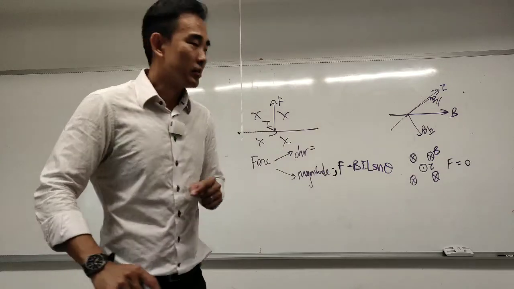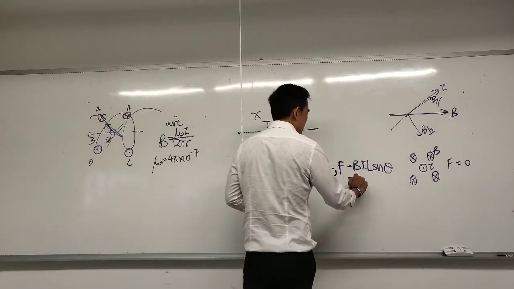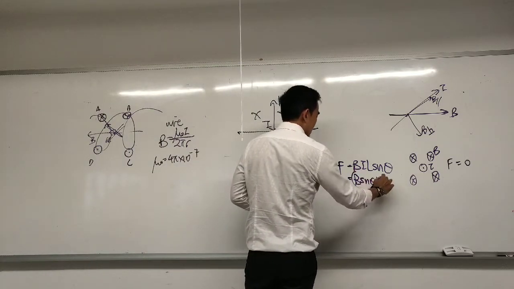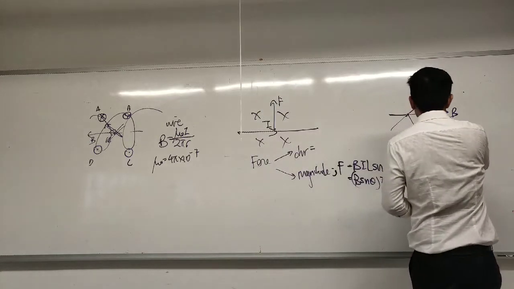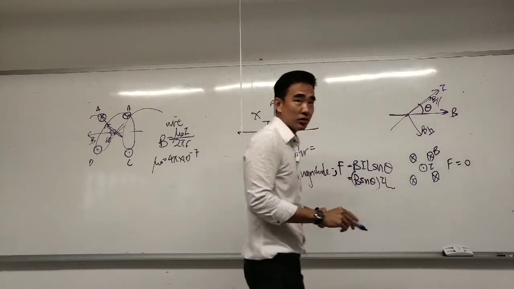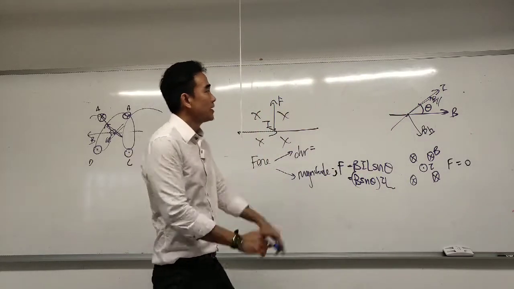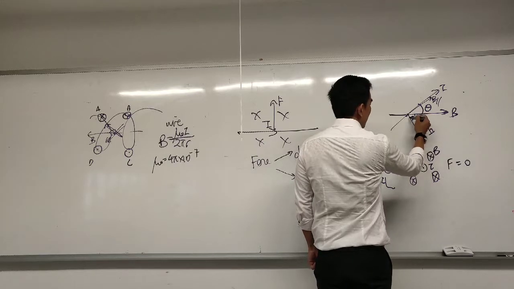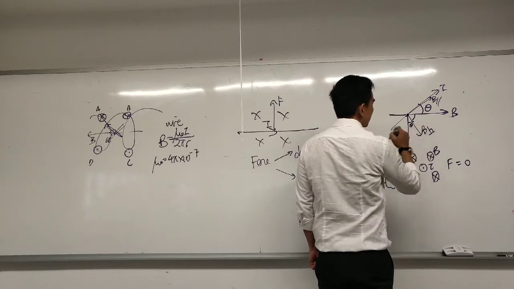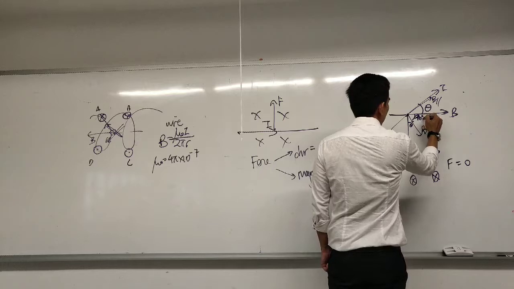The sine theta, if you want to interpret it this way, it's B sine theta times IL. Now what is this B sine theta times IL? If I define this angle theta as the angle between the current and the field, can you see that this is 90 and therefore this is 90 minus theta, therefore this is theta.